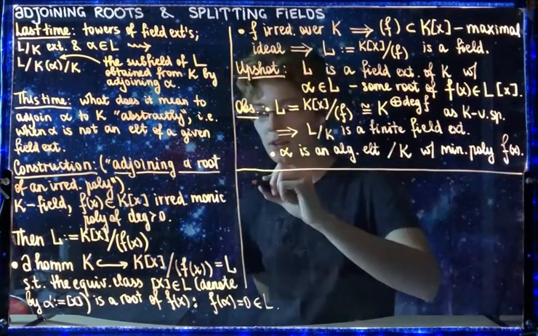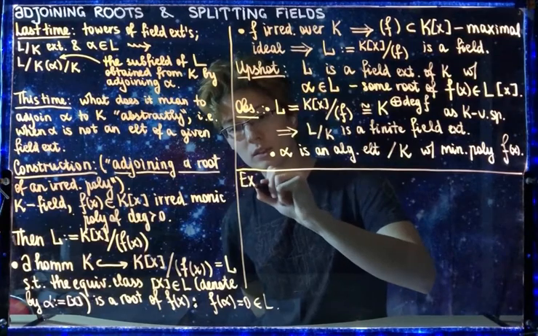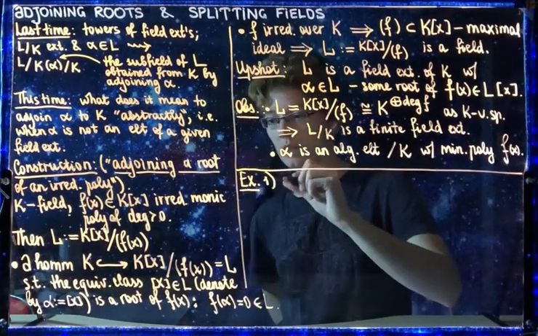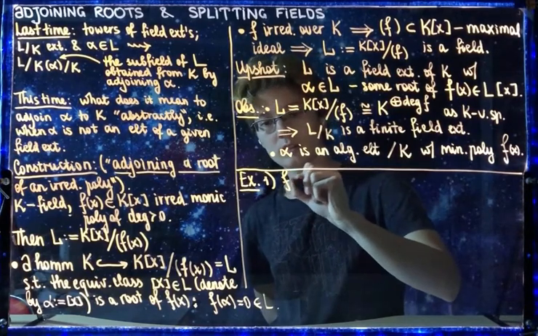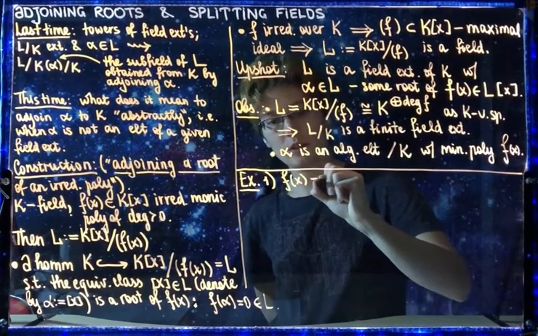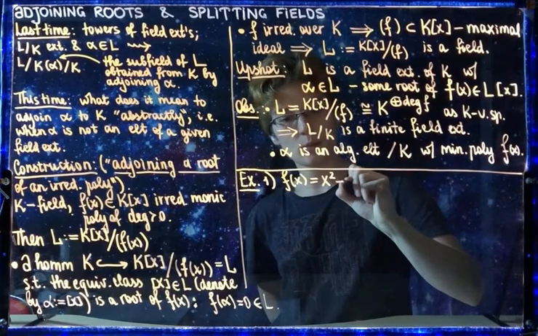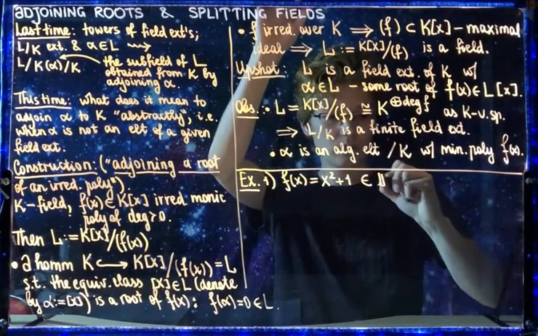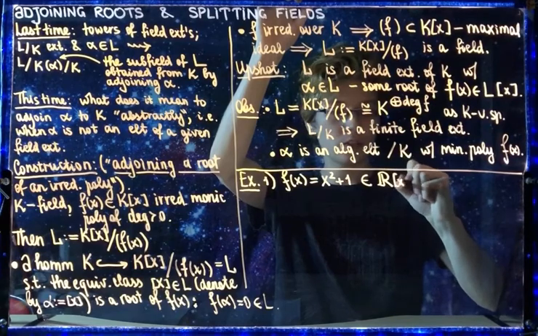Let's consider some examples. Example number 1. I can consider the polynomial f of x to be equal to x squared plus 1, and I can view it as a polynomial with real coefficients.